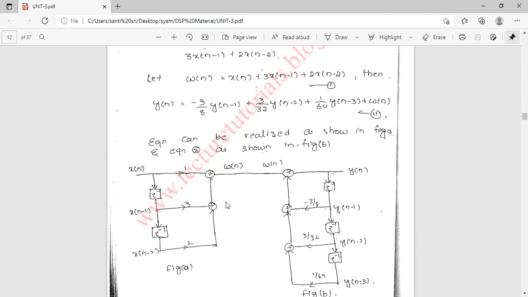So that is w of n. This w of n will be added to y of n. What is y of n? That is minus 3 by 8 into y of n minus 1 plus 3 by 32 into y of n minus 2 plus 1 by 64 into y of n minus 3. So w of n plus this thing is equal to y of n. This is direct form 1.